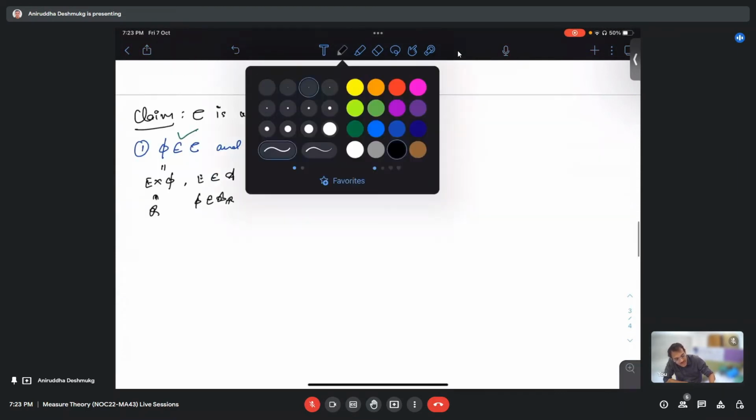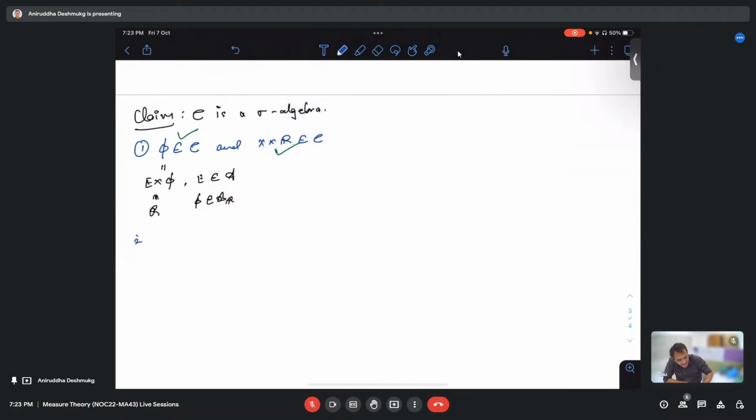Now, what is the next thing we need to prove? We need to prove that C is closed under complements. So whenever E is inside C, this means E complement is inside C. This is the same as saying S of E complement alpha beta is inside A cross BR for every alpha beta, right?